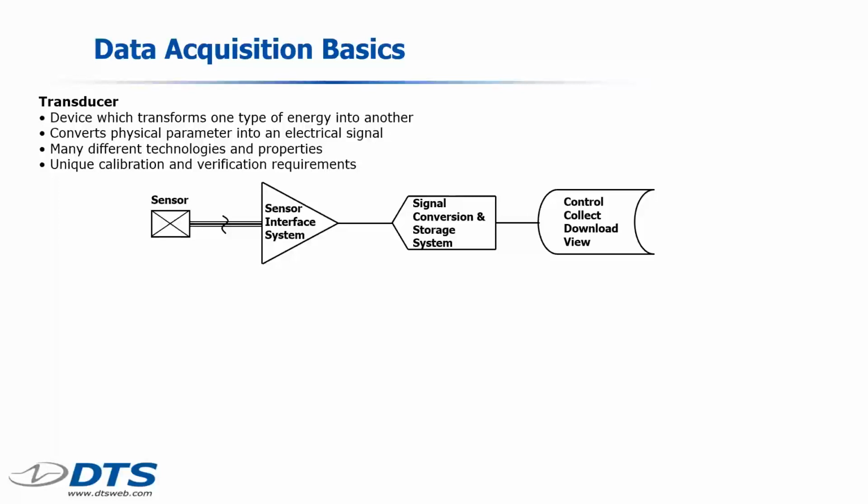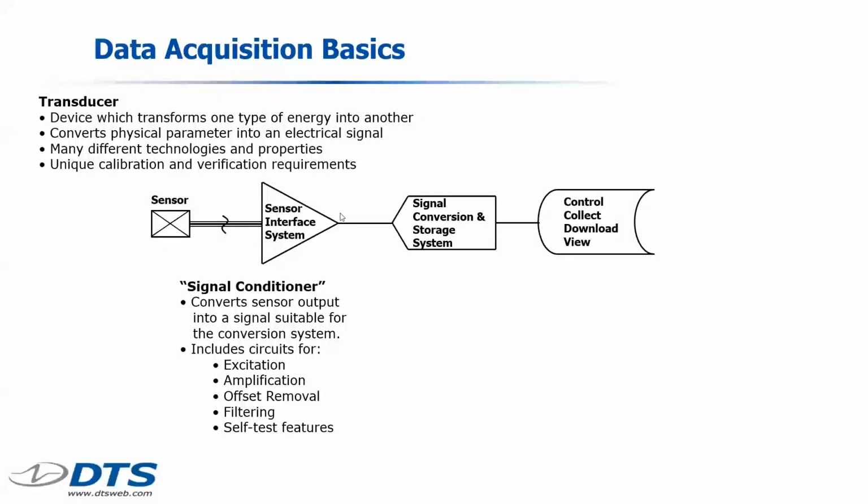And in our world, they're converting a physical parameter such as force, velocity, acceleration, strain into an electrical signal. Many different technologies and many different properties exist in these transducers. And if you're going to have accurate information, you need to calibrate both the sensors and the data acquisition systems.